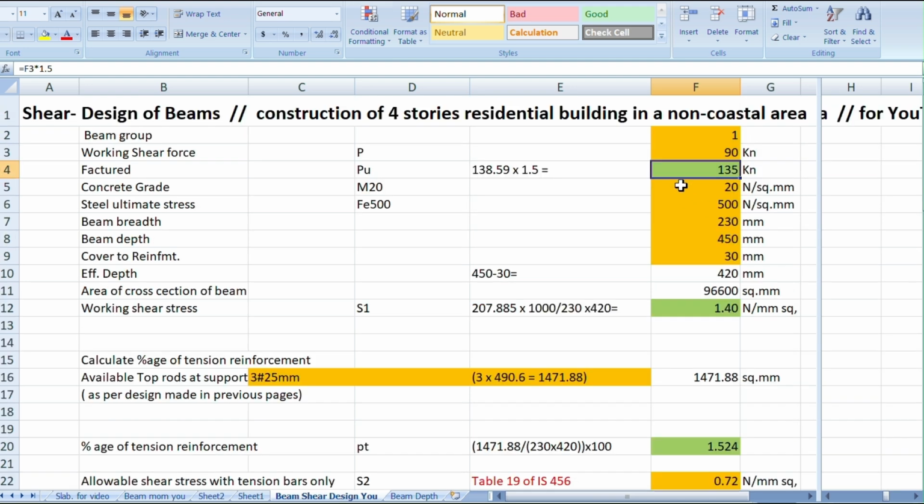However, the boxes shown in orange should be checked. The beam size could have changed, or we ourselves could have assumed a different size, so we should change that. The number of rods, such as 2 numbers of 25 mm rods, might not have been used in that beam. So we should check that and enter it manually.